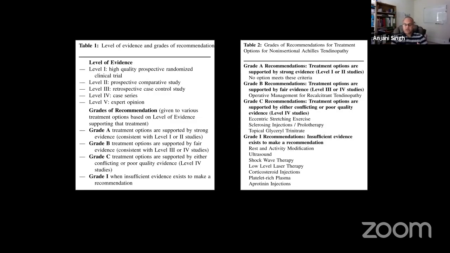So there's not a great deal of scientific support for these. And grade I is the one which has insufficient evidence to make any recommendation. You can see what we alluded to before: shockwave therapy, corticosteroid injection, platelet-rich plasma. So these all are grade I, which have insufficient evidence to support or make any recommendation in the literature.